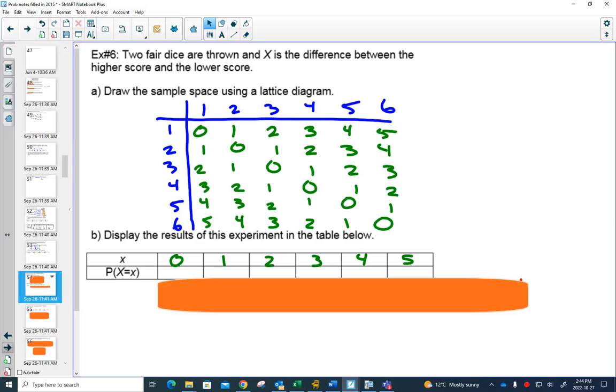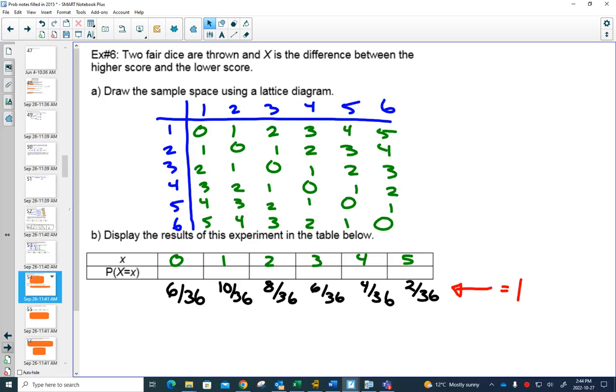So then it's just a matter of, can we figure out each of those probabilities from the chart? They're all out of 36 because there's 36 in total.